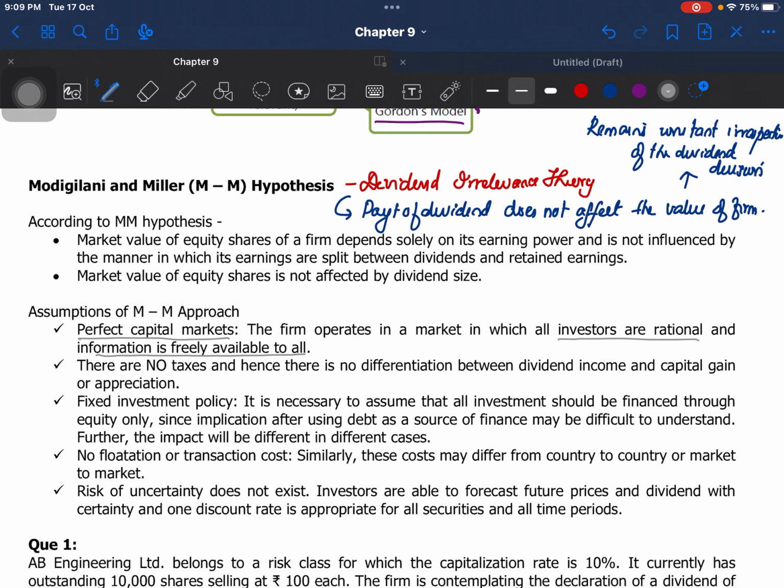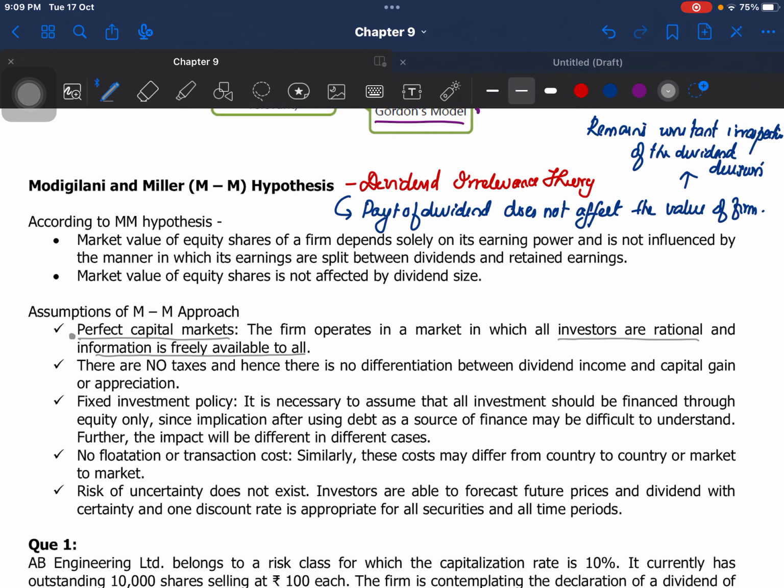There is no situation where one group has access to certain information while others don't. Everybody has all news and information, so decisions are taken freely without any bias. That is assumption number one. Let me tell you, friends, this assumption will not hold good in any market, because there will be certain groups of people who have easy or early access to information.